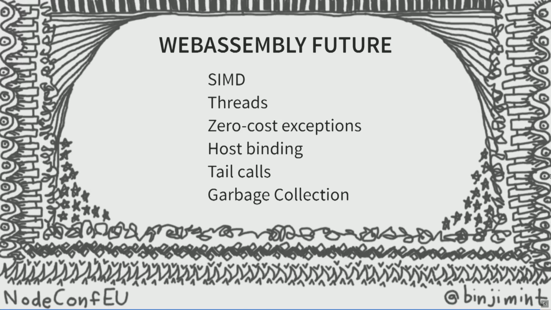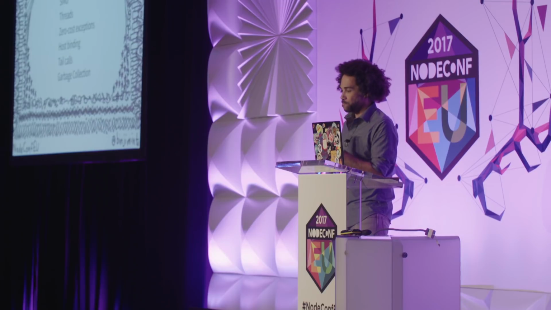Zero-cost exceptions to make exception handling really fast. Host binding to make it so it's easier. So that binding layer, you might not have to write anything. That's what that feature is for. Tail calls, some people are very excited about. And then, of course, garbage collection, which will basically open the door to any number of new languages. And that one is further out, but I think definitely on everyone's radar.